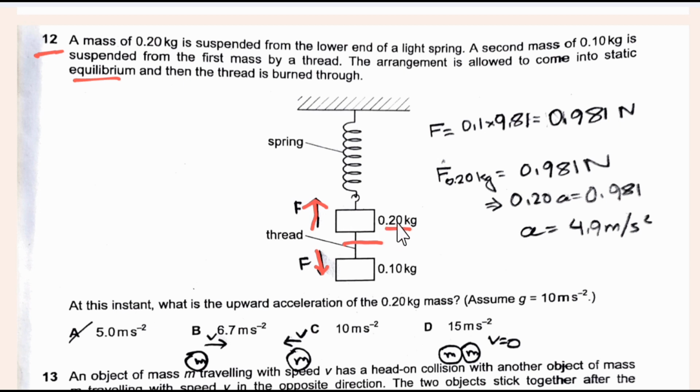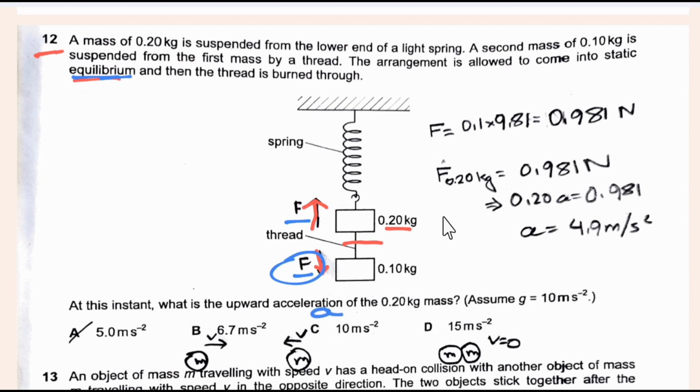Initially at equilibrium the resultant force is 0. After the thread is burned, by Newton's third law, if body A exerts a force on body B, then body B exerts an equal and opposite force. At this instant, what is the upward acceleration of the 0.20 kg mass?